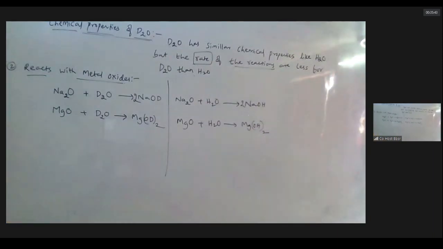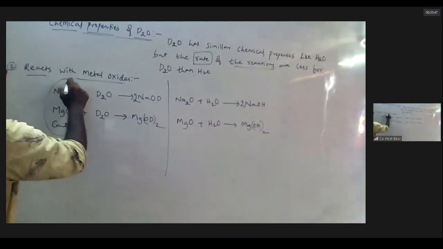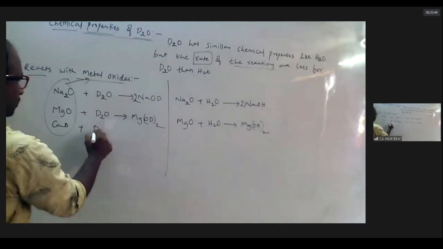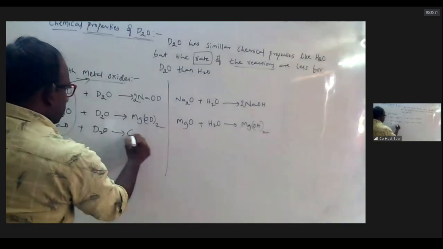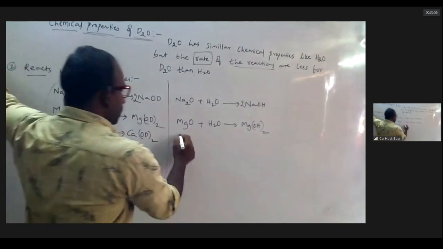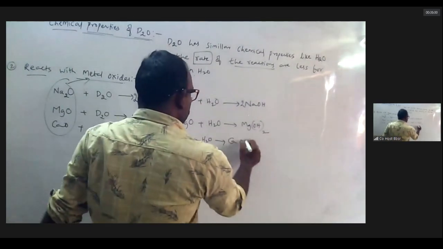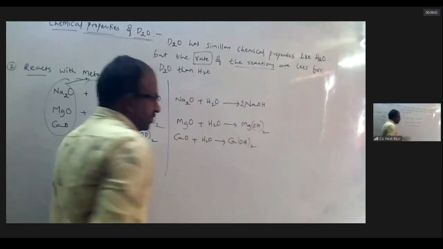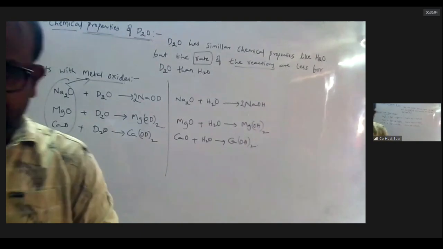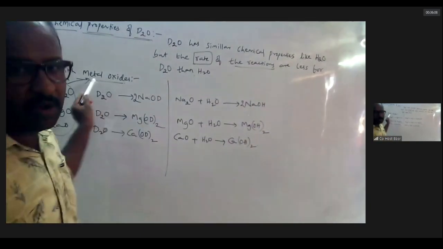ऐसा. If you take calcium oxide here, these all are metal oxides, right? So calcium metal oxide, यहाँ पर CaO plus H2O, CaOH taken twice, calcium hydroxide. Okay, so these are reactions with metal oxides.